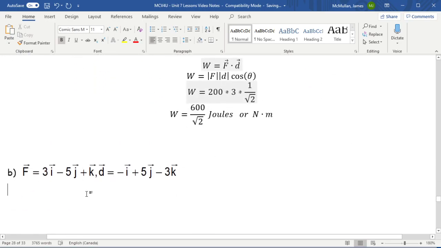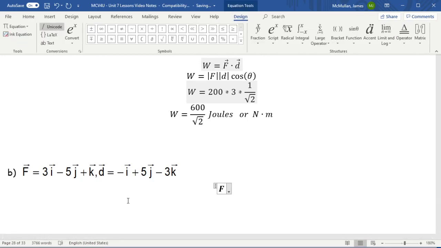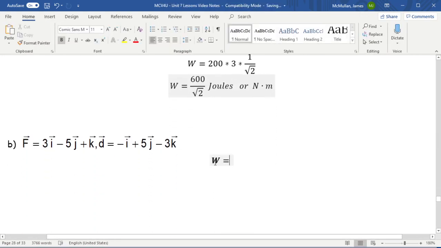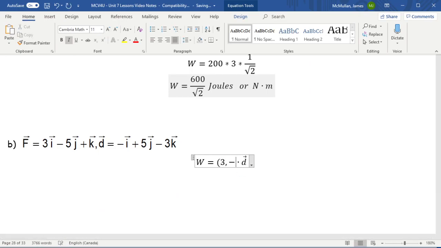Same thing down here. The work done is equal to the force dot the distance. So even in 3D, nothing changes here. It's just we probably don't know the angle between the two vectors in 3D. So 3, -5, and 1, that would be the force vector. The displacement vector is -1, 5, -3.